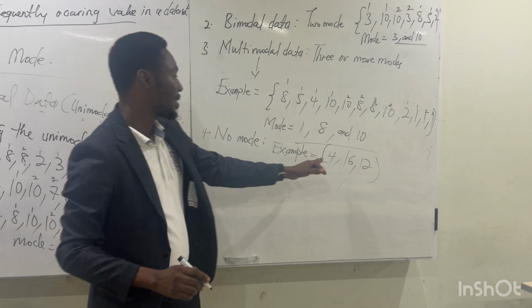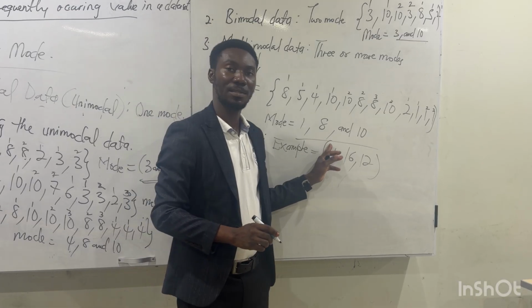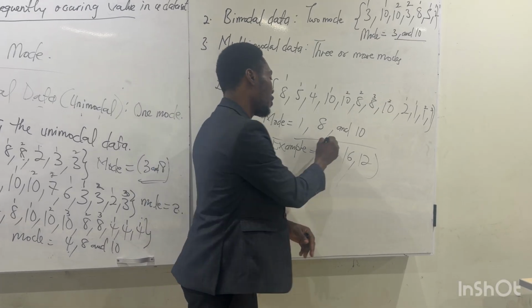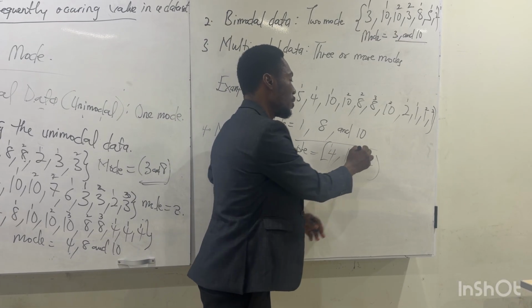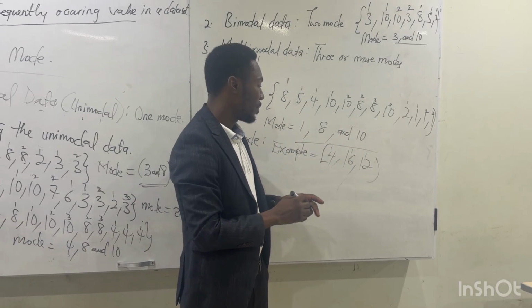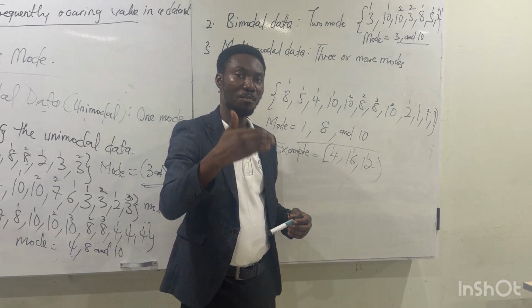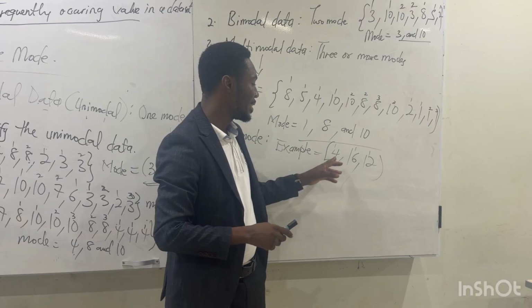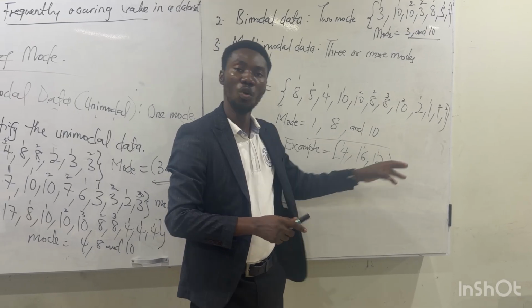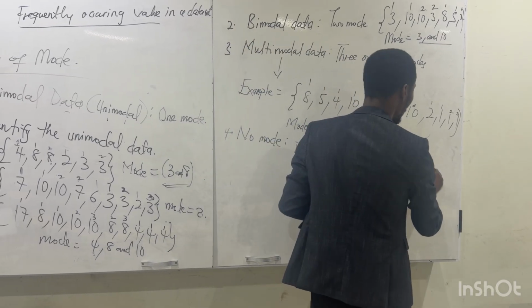In this data set, 4 is occurring once, 16 is occurring once, 12 is occurring once. None of the values here is occurring more frequently. So in this data set, there is no mode.